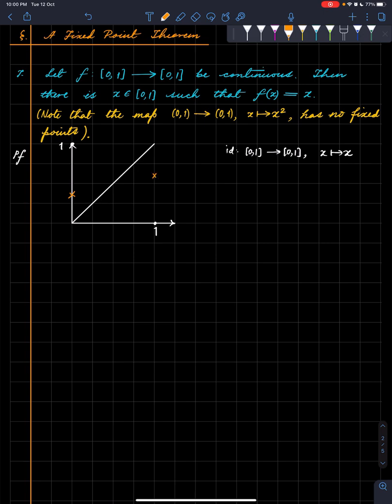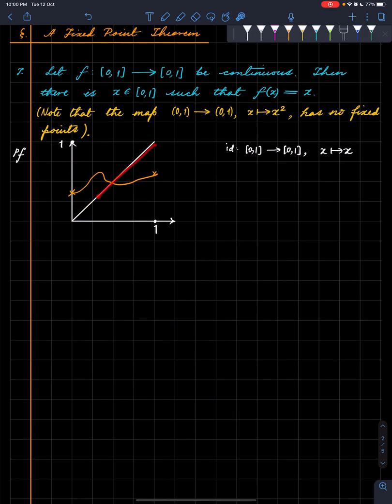Now since the function is continuous, the graph of the function will intersect this line somewhere. Wherever it intersects this line, you just take the point corresponding to the intersection. Let's call that point x0. And clearly f of x0 equals x0, simply because this is the graph of the identity function.